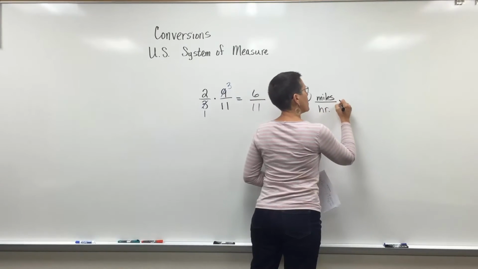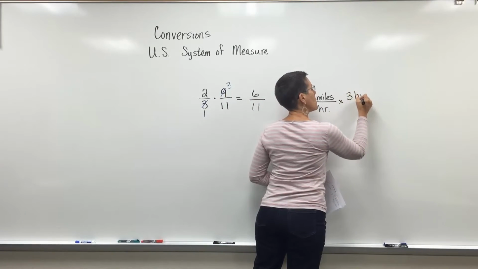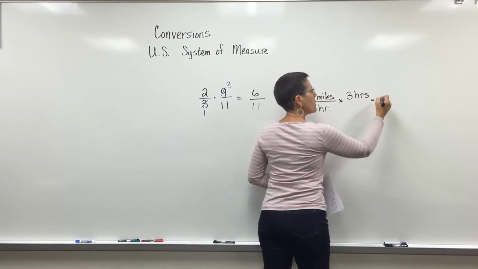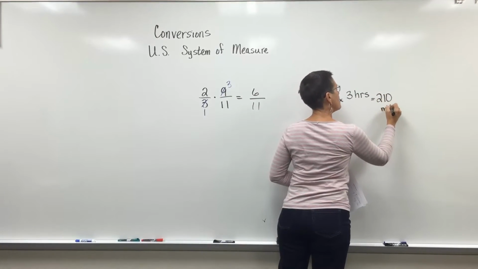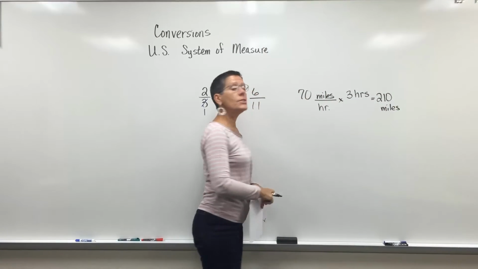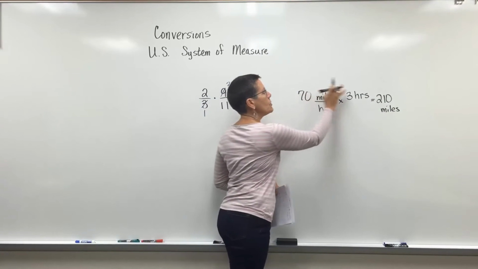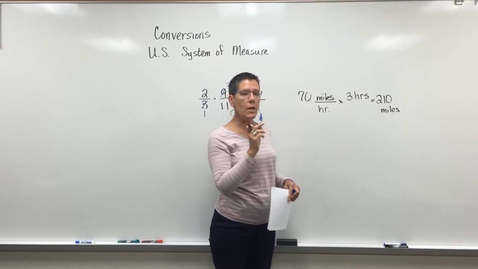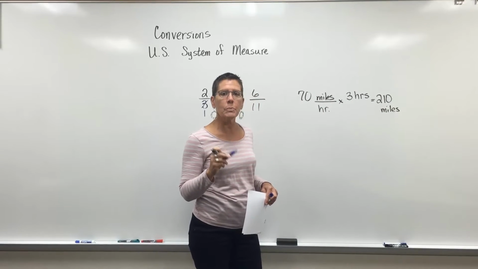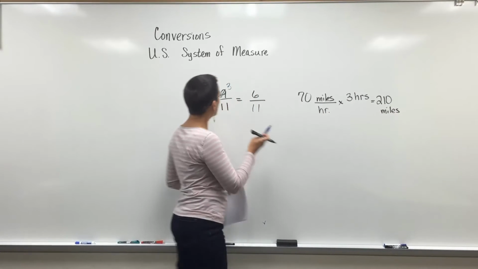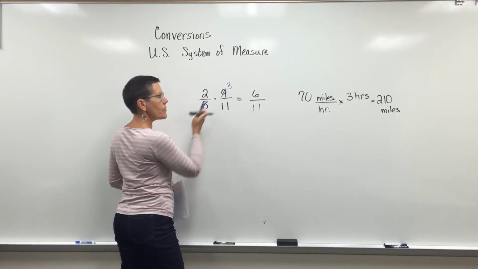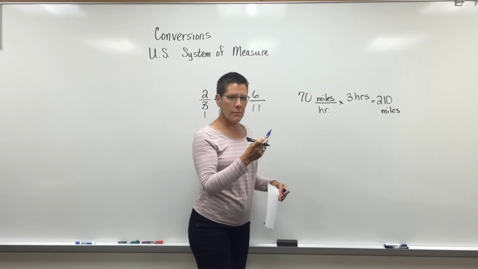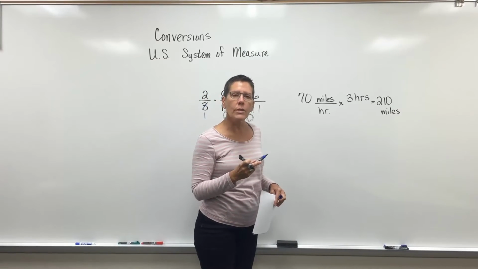And you know in your head that if you go 70 miles per hour for 3 hours, you're going to travel 210 miles. What I'd like to do is show you how these units are going to be used for us to recognize that our answer should be described in miles. Like this fraction problem where I can remove a common factor of 3, when I convert, I can remove words.